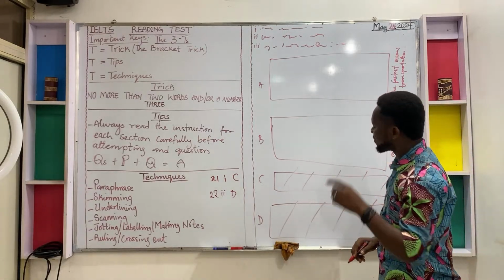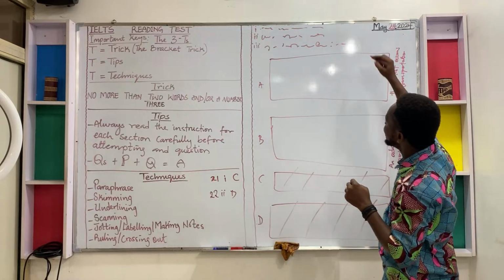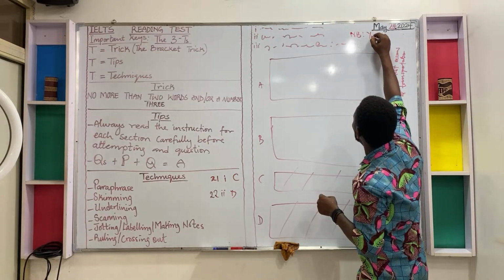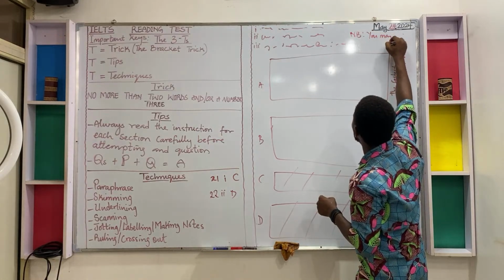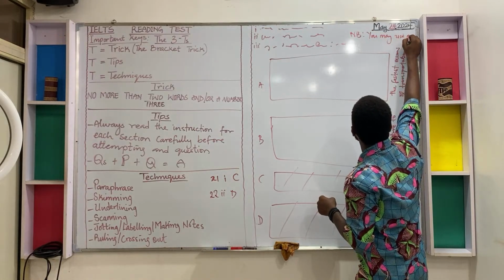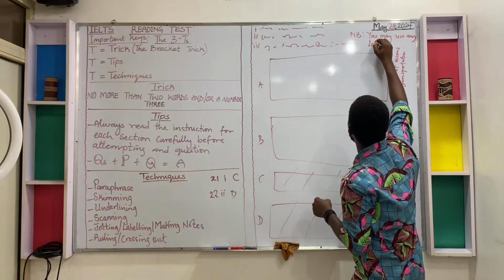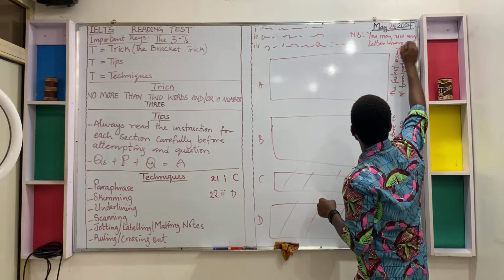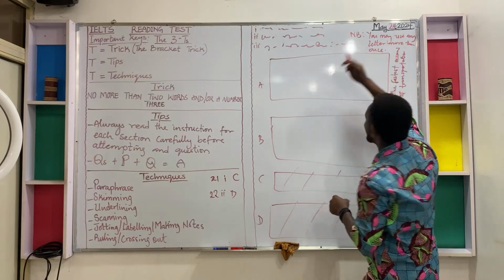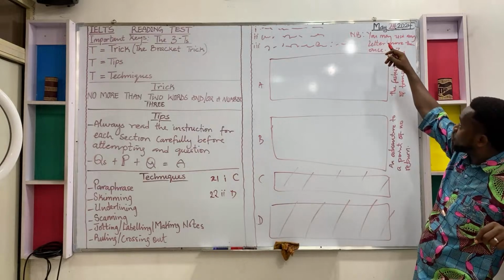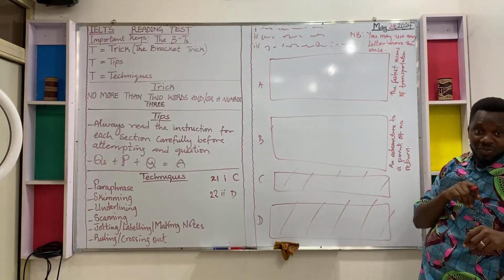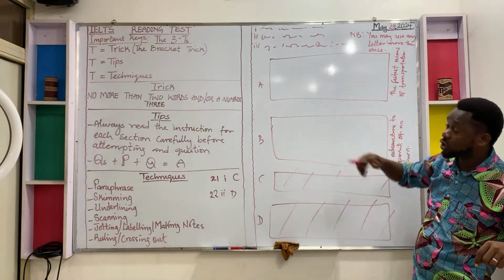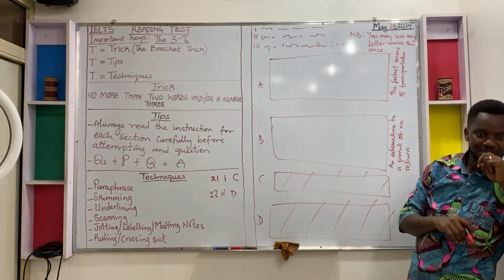Good. Now, for that to happen, you will always see that instruction that says NB: You may use any letter more than once. Whenever you're going through your instruction and you see this, it means one or two of these paragraphs will solve what I'm going to say.